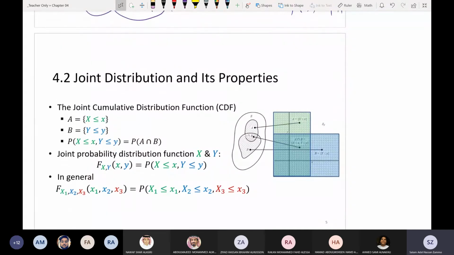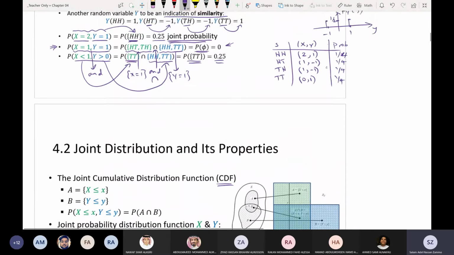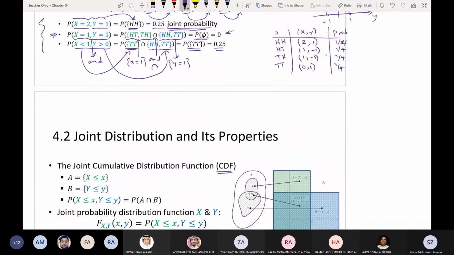Now the joint distribution and its properties. What is the joint distribution? The joint cumulative distribution function, or joint CDF, is defined as follows. Very similar to what I just did, I define certain joint probabilities.